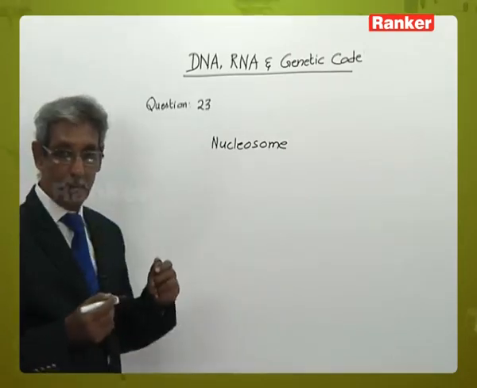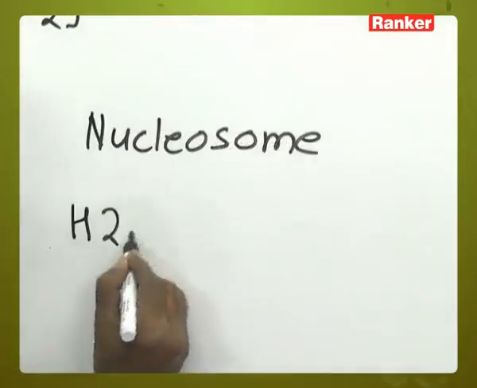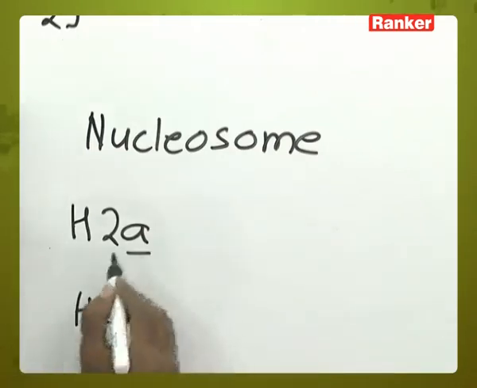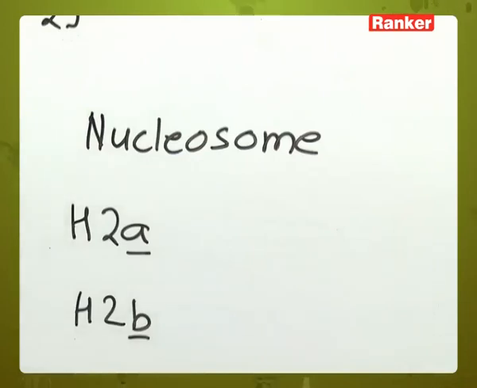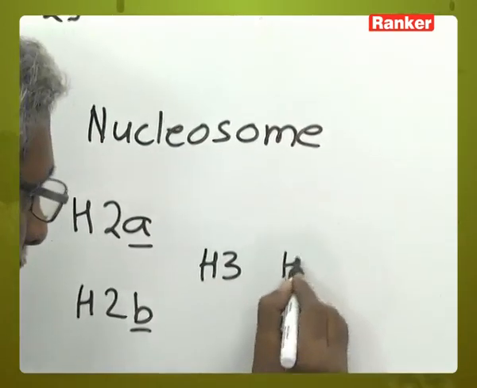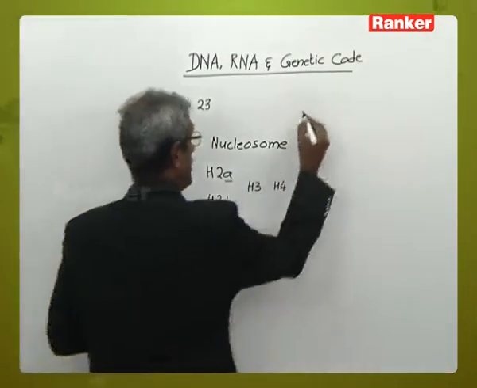Any nucleosome is made up of H2A, then again H2B, that is 2 components of A and 2 components of B, as well as H3 and H4. Hence, the right answer is D.